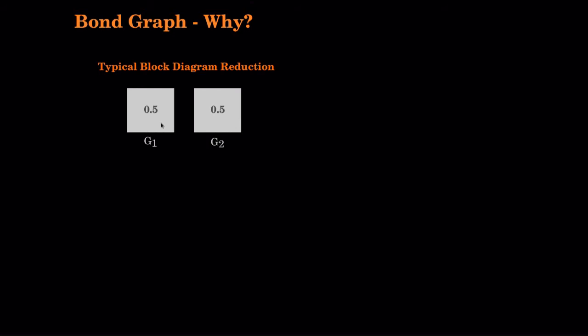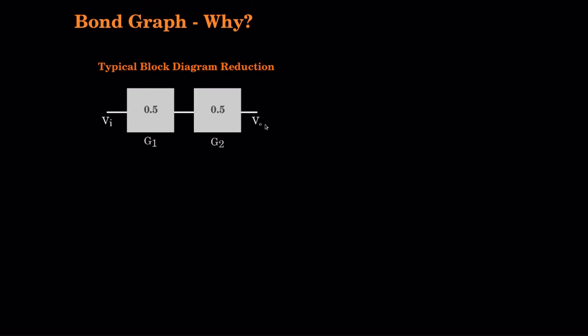I will take another block, again 0.5, G2. You connect them in series, and we say this is Vi and this is V naught. So, what is the transfer function V naught by Vi?